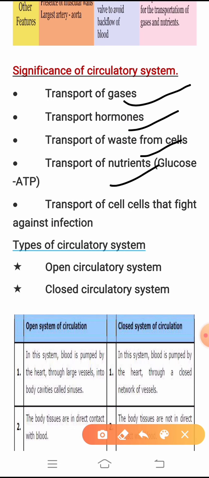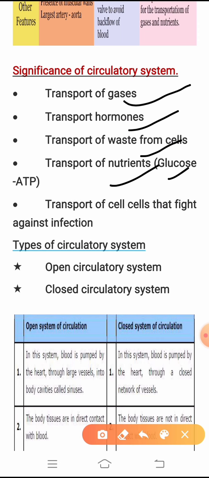Now, transportation of nutrients also takes place. What is meant by transportation of nutrients? That is the transportation of glucose. How is the glucose transported? I have told you. How do you get glucose? The glucose present in the body is released under the process of digestion. Do you remember? I have explained the process of digestion.